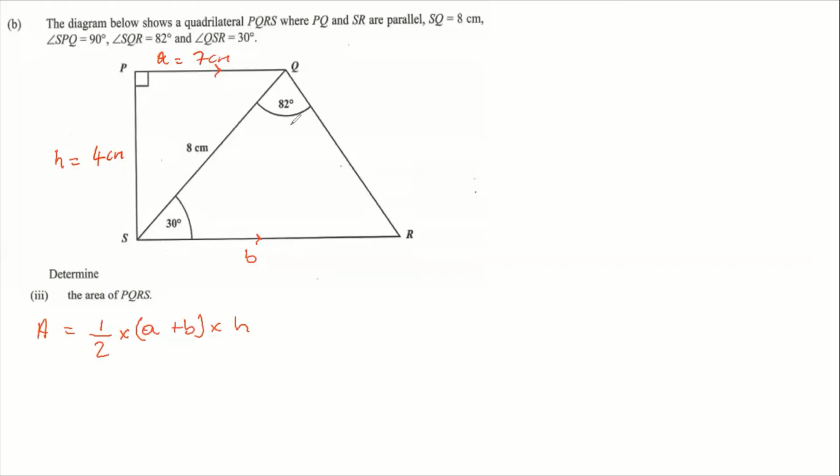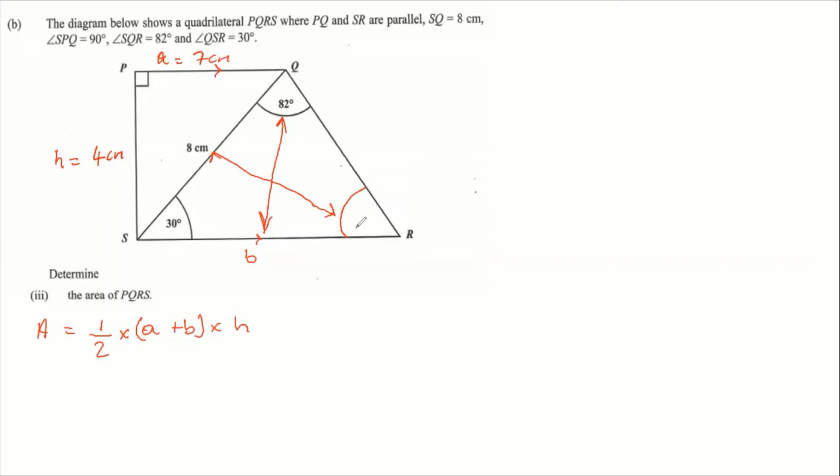How does that work? We know this angle, 82. We want to find this side, which we label as B. We know this side, which is A, and that will correspond to the angle up here at R. Do we know R? We don't know R, but we can determine it easily because we have two angles.